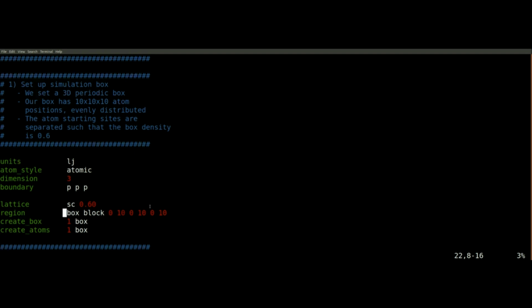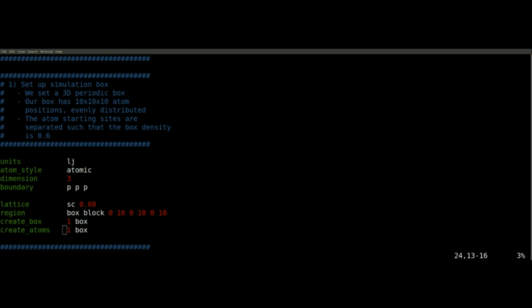The 1,000 point box will be large enough so that the overall number density of the points is 0.6, i.e. what I've defined here. I then tell LAMMPS, create that box just like I've described it, and then create atoms, i.e. for every point in the box that I've just described, put one atom.